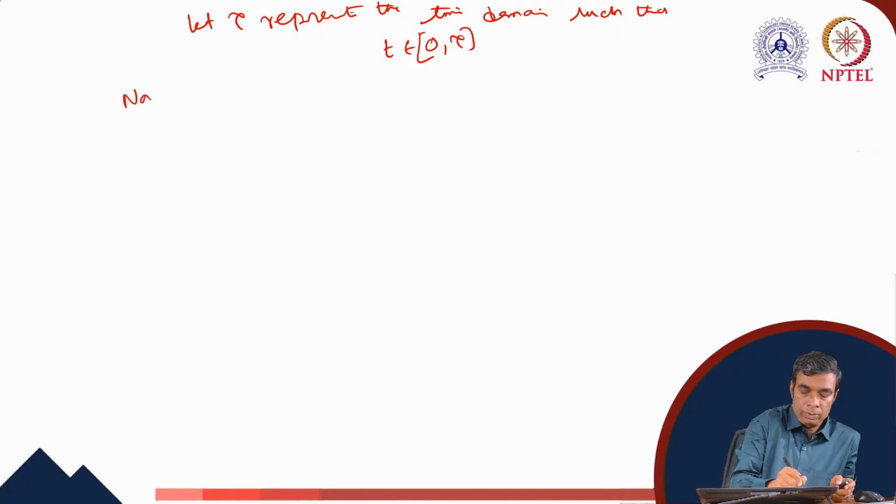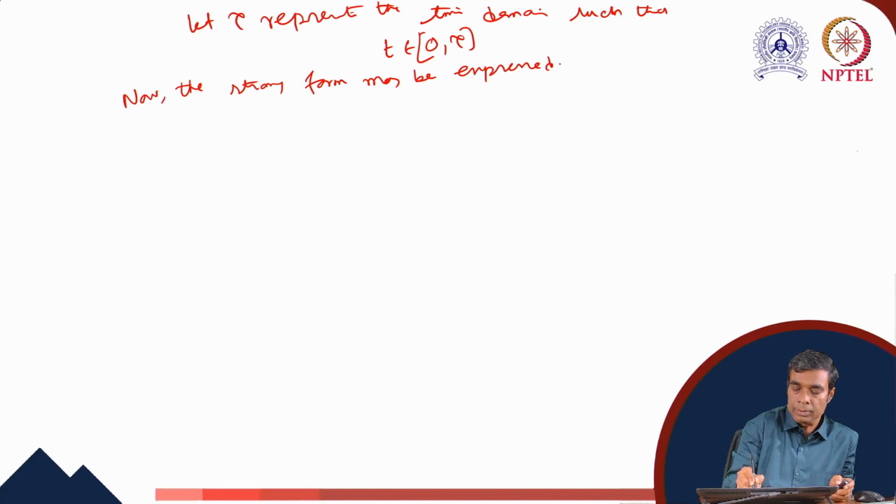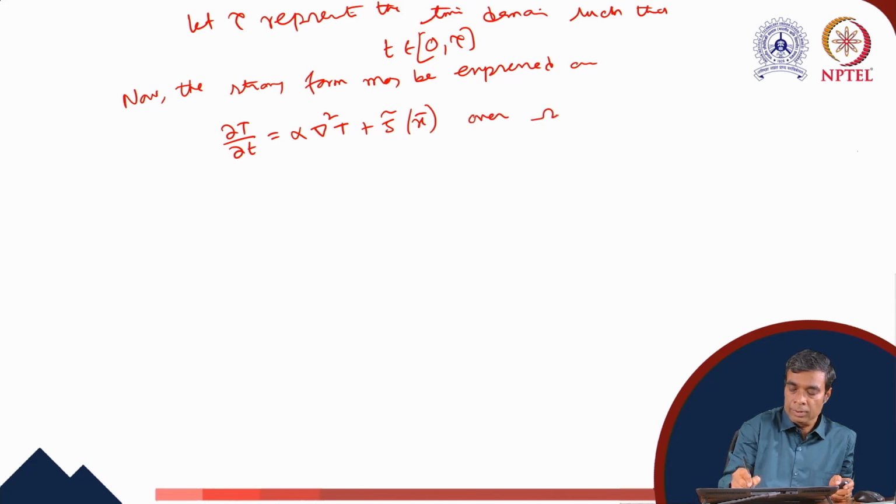Now, the strong form may be expressed as del T del t equals alpha del square T plus S tilde x bar over omega cross tau.